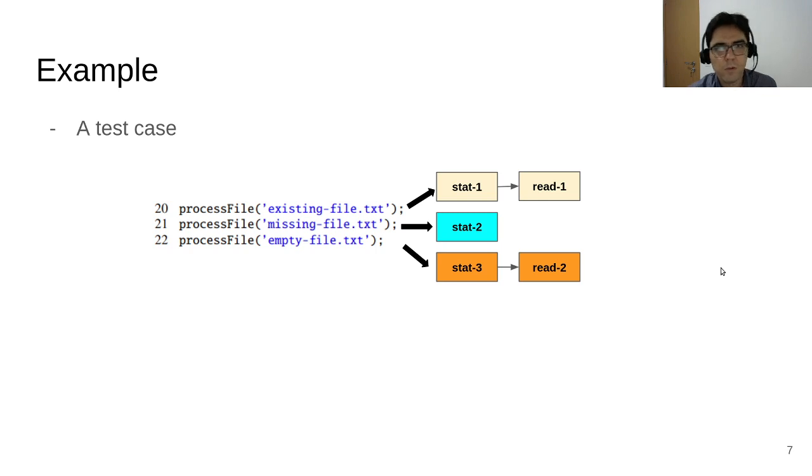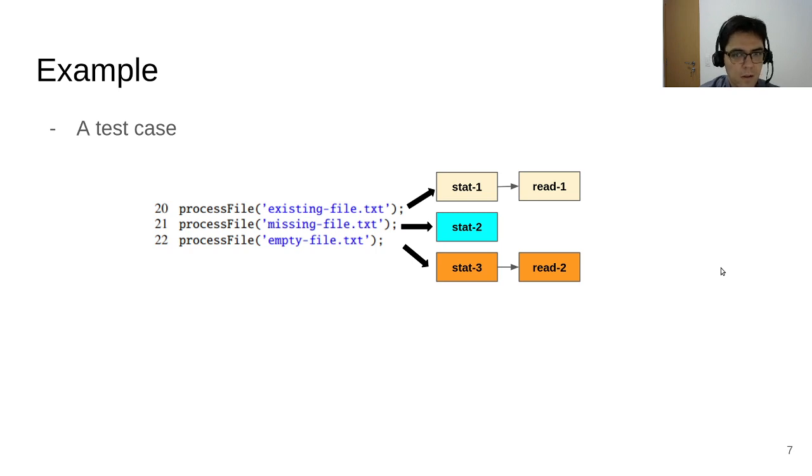Here we have a test case that calls the function processFile 3 times: for an existing file, for a missing file, and for an empty file. This code fires the execution of 5 callbacks represented as boxes, 3 times for stat and 2 times for read.